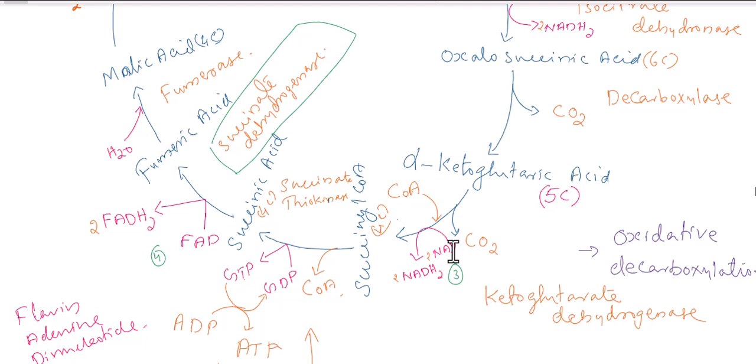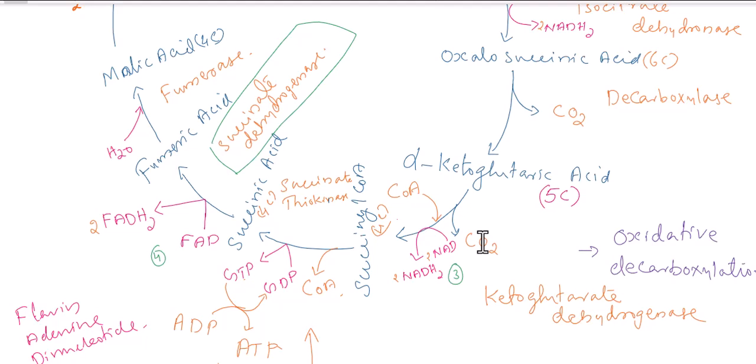Alpha ketoglutaric acid also undergoes oxidation, thus NAD gets converted to NADH2. At the same time decarboxylation, both processes occur in this step.